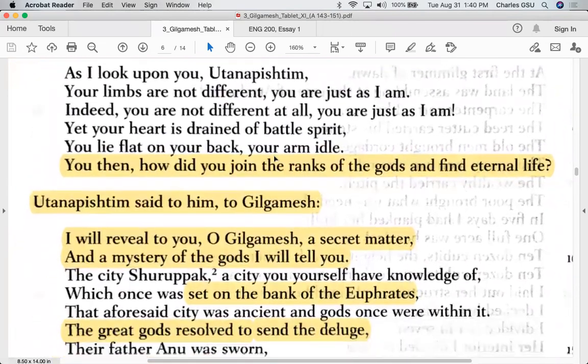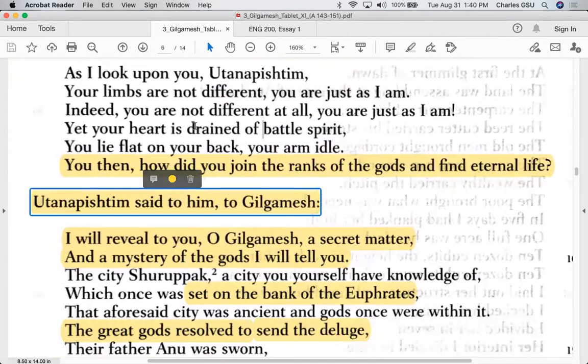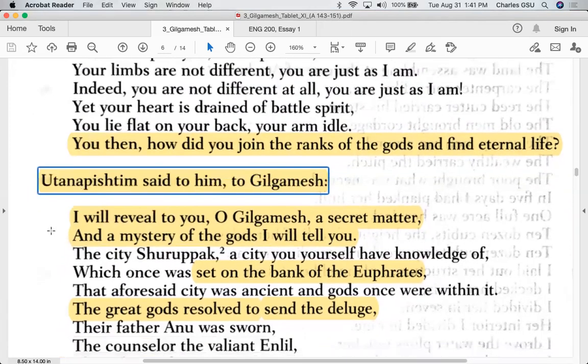So if I were to ask you who is telling the story of the flood in tablet 11, you would not say Gilgamesh, but you would say Uttanapishtim, because it is Uttanapishtim here telling the story to Gilgamesh. So Gilgamesh wants to know, how did you achieve immortality?